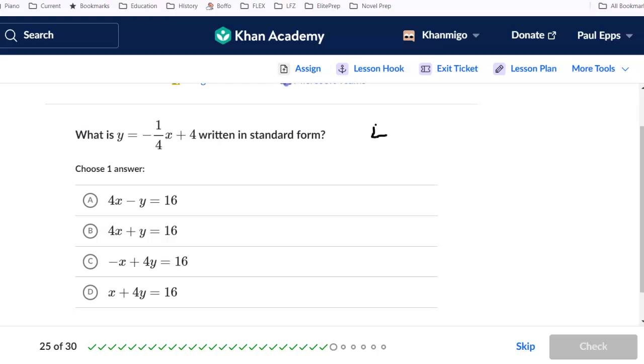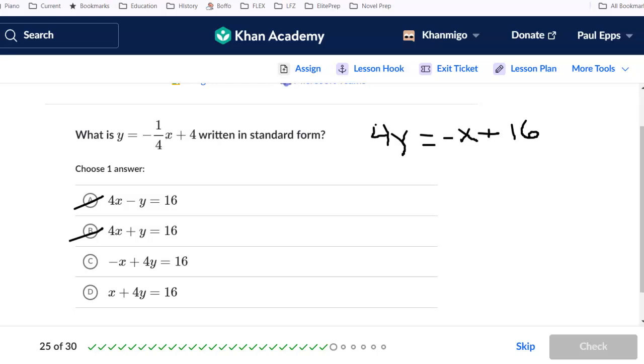4y equals negative x plus 16. Okay. So eliminate any answer that doesn't have 4y, which would be that one and that one.